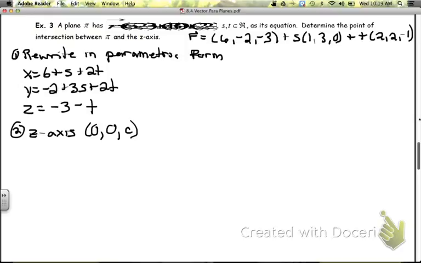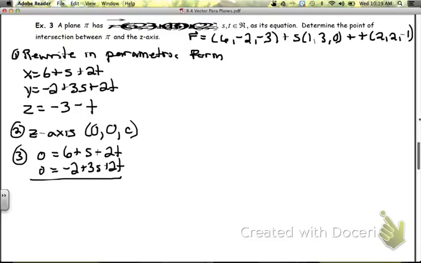Third step, we're going to take our above and solve, using 0 for our x and our y, since we know on the z-axis that x and y are both 0. So 0 is equal to 6 plus s plus 2t, which is equal to -2 plus 3s plus 2t.